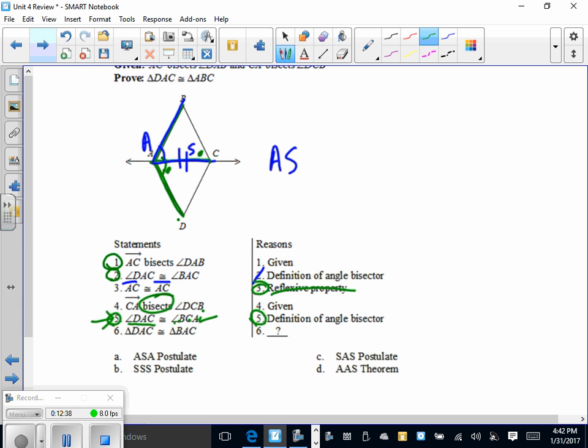So we have this one congruent to, the first one was BAC, BAC and BAC, these two angles are congruent. And then it says BAC is also congruent to BC, well, that's the same thing. Okay.